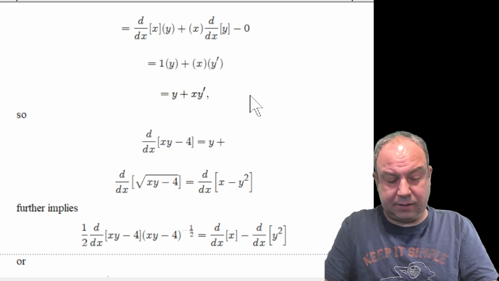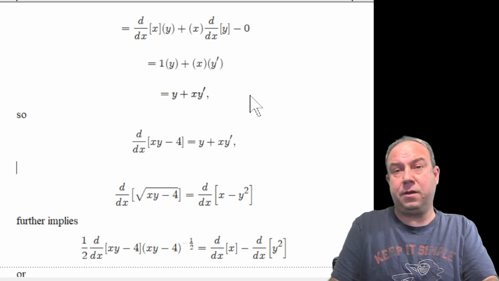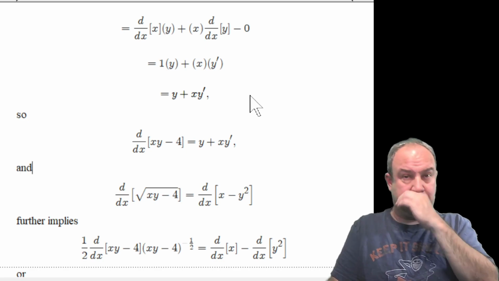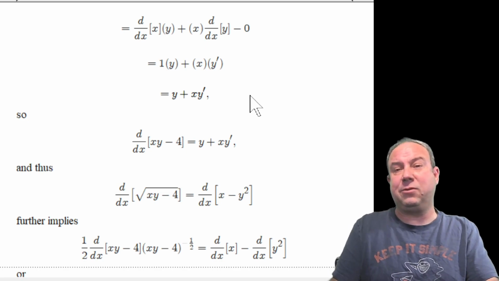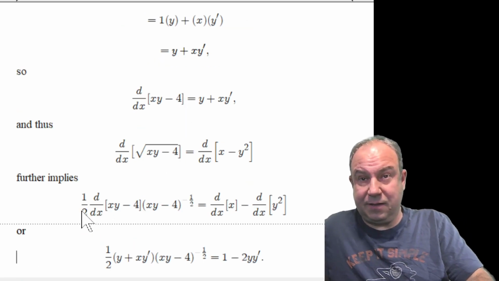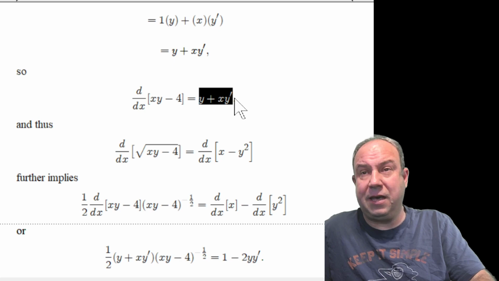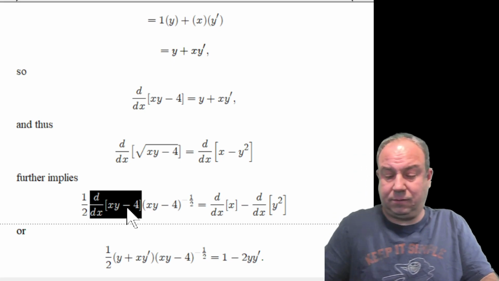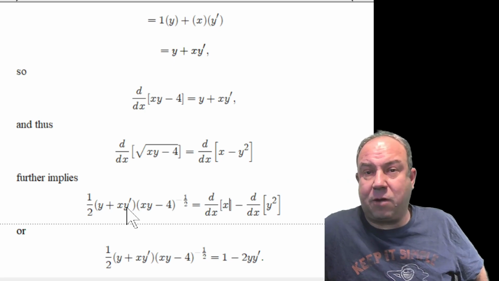Equals y plus xy prime, and thus d/dx equal to this further implies, let's replace this because we know that this is now this, equal to this derivative on the right-hand side.